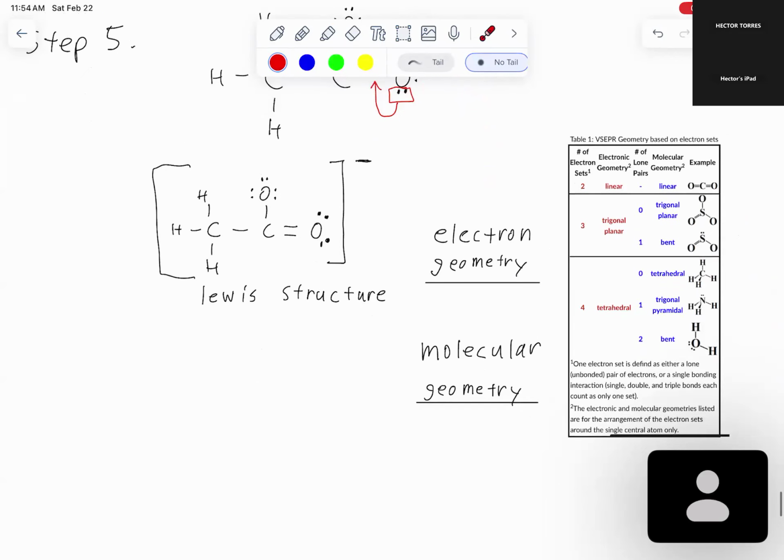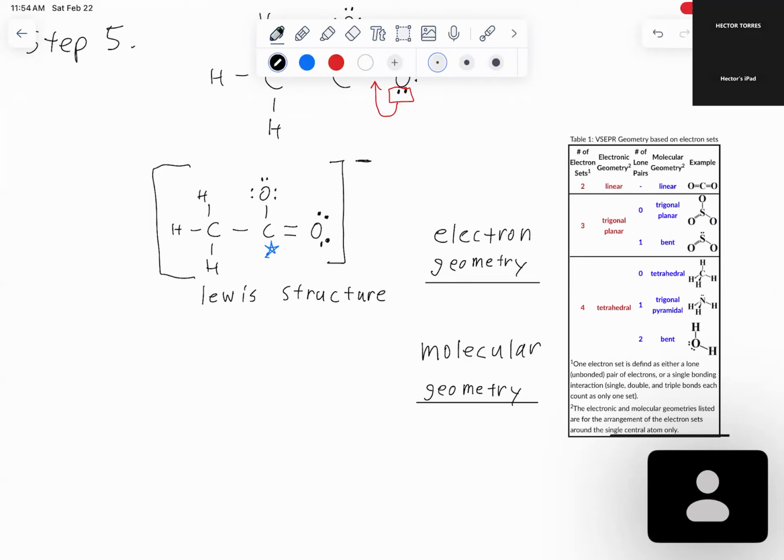The next step is going to be finding the electronic geometry as well as the molecular geometry. On this, we are going to use this table from the procedure, and we need to look at the number of electron sets around the molecule. For this one, we're going to be looking at this carbon, so I'm going to put a star on it.